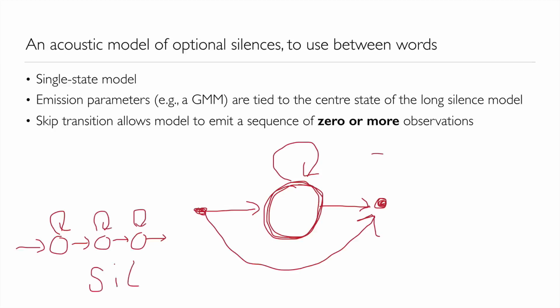This model here we're going to call short pause. And there's an easy way to initialize the parameters of the state of this model, and it's just to tie them to the center state of this model, which will be easier to train because we'll have always had a few hundred milliseconds of silence at the beginning and end of every sentence that we recorded in the studio. So that's a little trick to get us an optional short pause model and to train it easily by tying it to our main silence model.